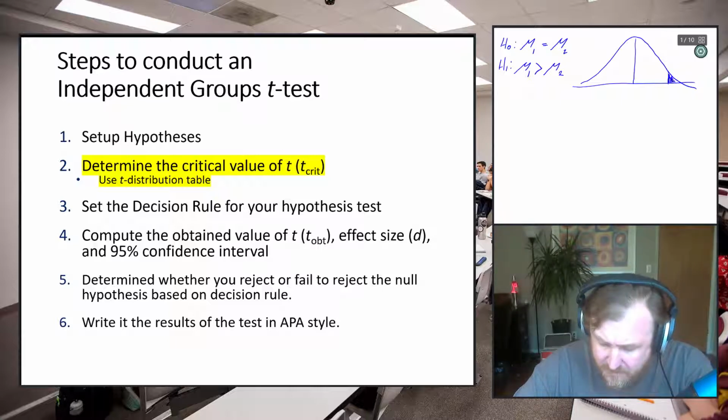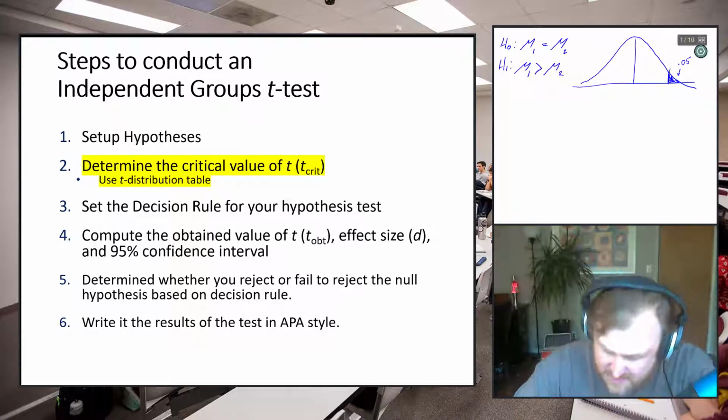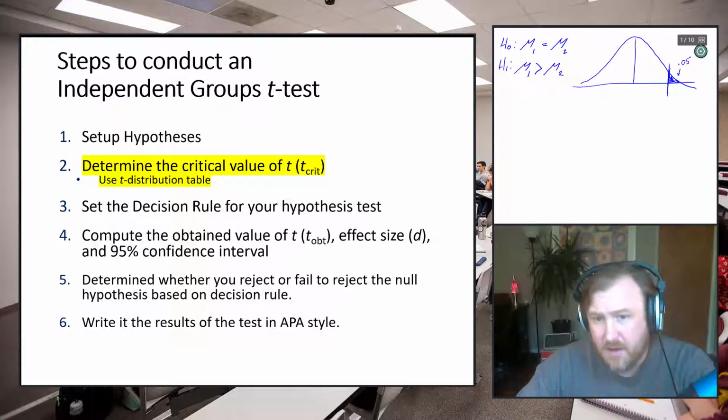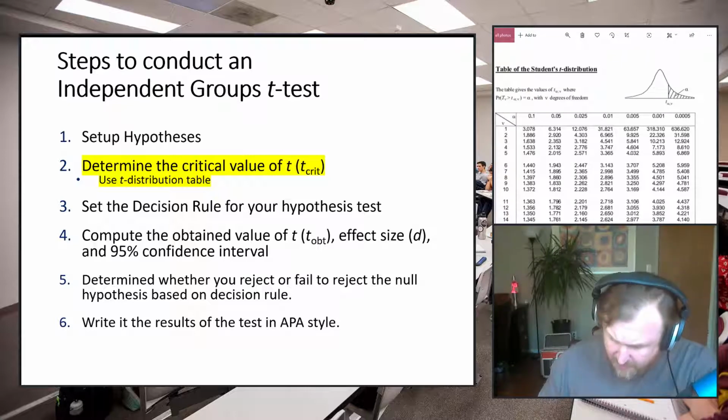This shaded area is our region of rejection. Because it wasn't stated, we can assume that alpha is going to be 0.05 in that area. Again, this t-crit value is this line right here that cuts off this proportion of 0.05 in the upper tail. So we need to pull up our t-table.